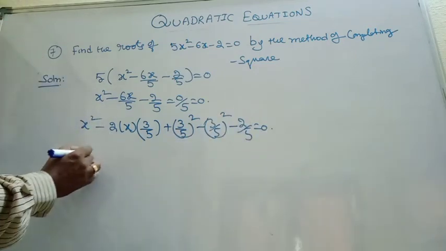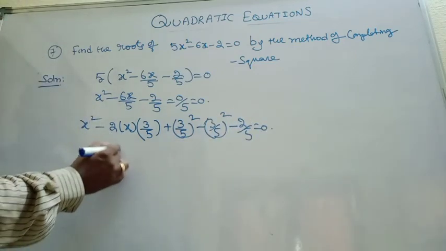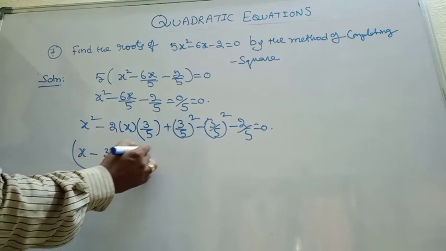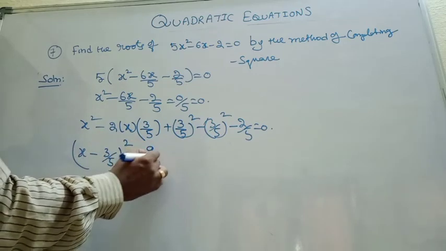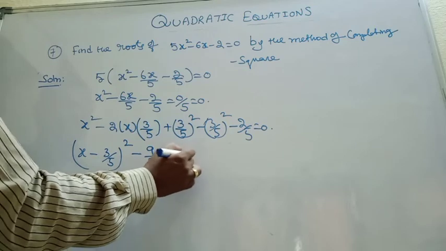Now this is x minus 3 by 5 whole square minus 9 by 25 minus 2 by 5 equal to 0.